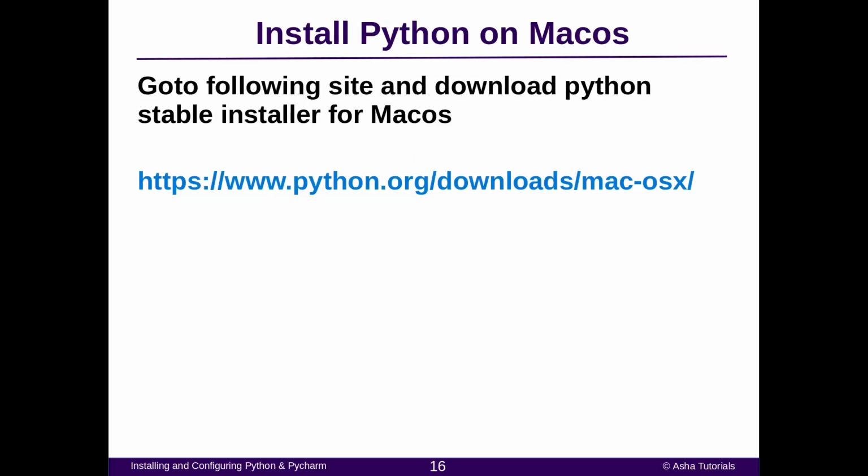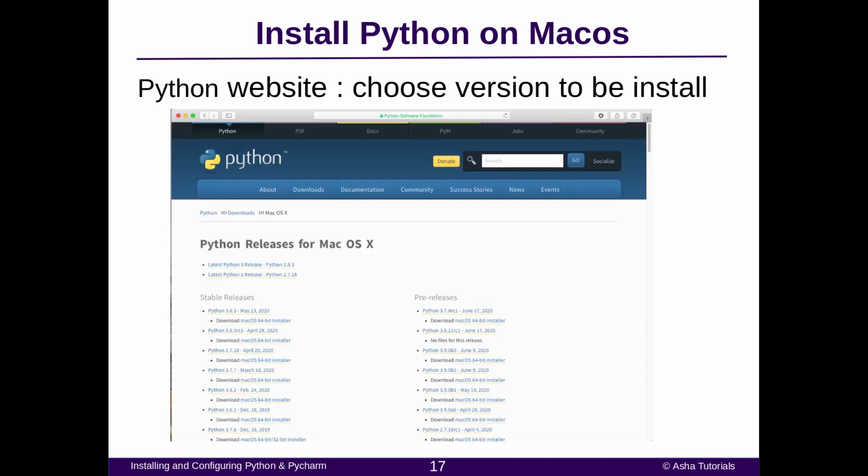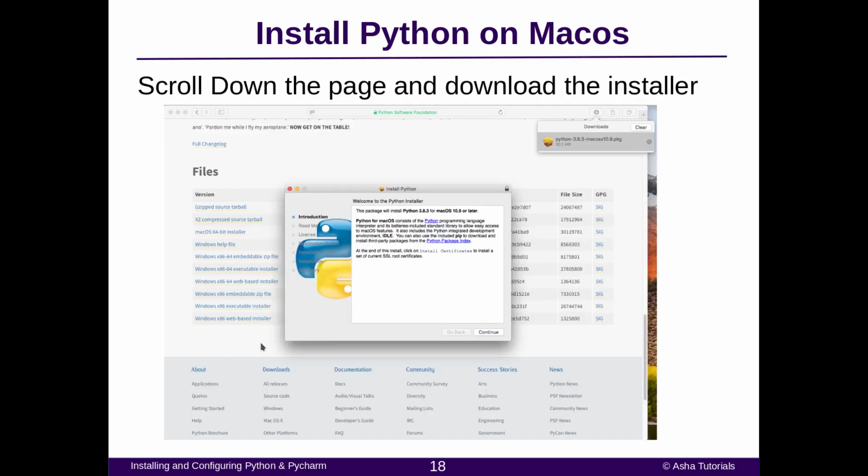Next is installing Python on macOS. Go to this website, which will list all the latest Python releases. Select the required version to be installed, and on that page, if you scroll down, it will list all the files available for download.